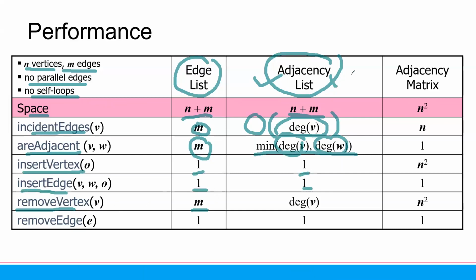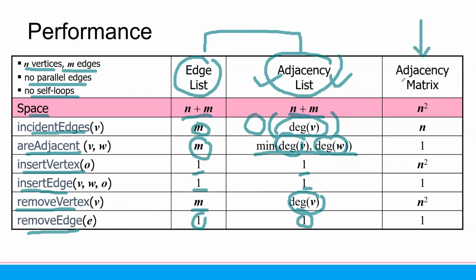If we use the adjacency list, we will just have the degree of V. If we want to remove the edge, it is 1 and 1. Okay. So the two of them are quite similar in terms of performance. And it seems that the performance of edge list and adjacency list is better than adjacency matrix.